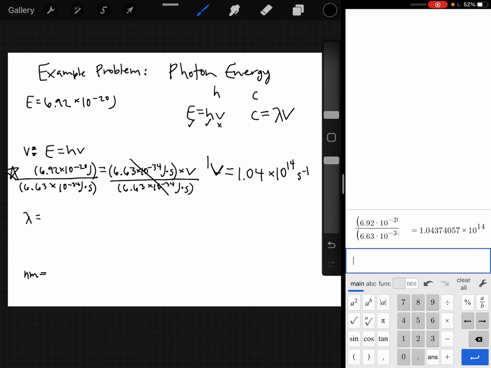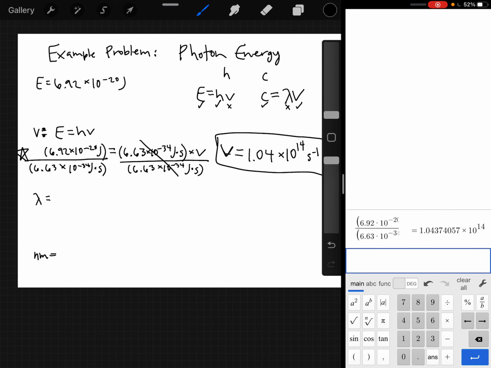Okay, so now that I have that frequency, I know C because it is a constant, and if I'm missing lambda, all I need to do is solve for lambda. So I'm going to say C equals lambda times V. And I know from my formula sheet that C is 3 times 10 to the 8th meters per second.